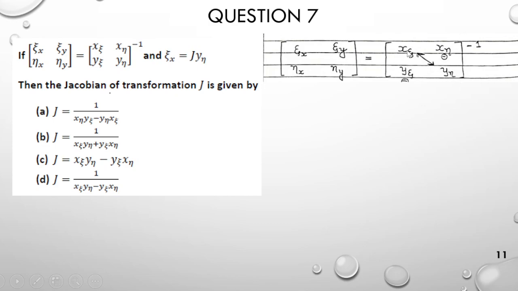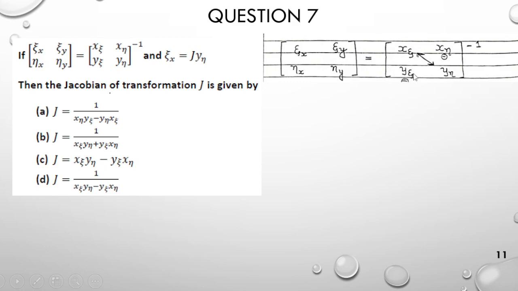Determinant will be x zeta into y eta minus y zeta into x eta. It is the difference between the cross products of the elements, in the arrow direction which I have indicated. That will come in the denominator, 1 upon determinant A.